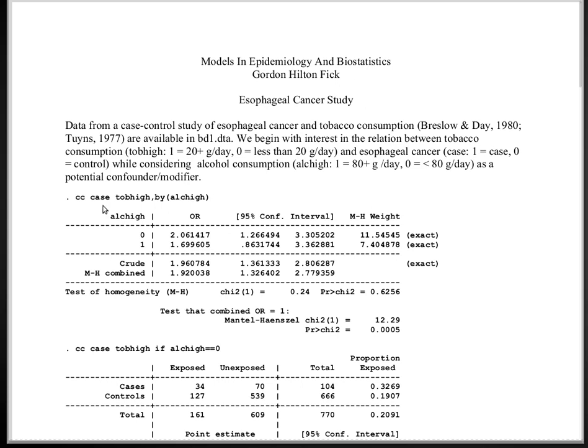And we'll begin, as they did, with a look at whether or not this tobacco consumption can be quantified as either less than a certain threshold or above a certain threshold. And we have then the case control status coded in the usual way. And further, they were interested in whether or not alcohol consumption was a potential confounder or modifier.